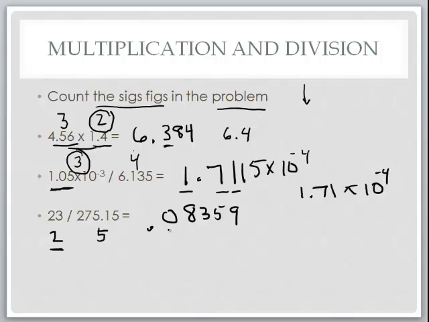Now remember, leading zeros are not significant, so we're not going to count that one. So 1, 2, we're going to round to that place, so 0.084. Just to review our rounding rules, if the digit to the right of the one we're rounding to is 5 or greater, we're going to round up. If it's less than 5, we're going to round down.